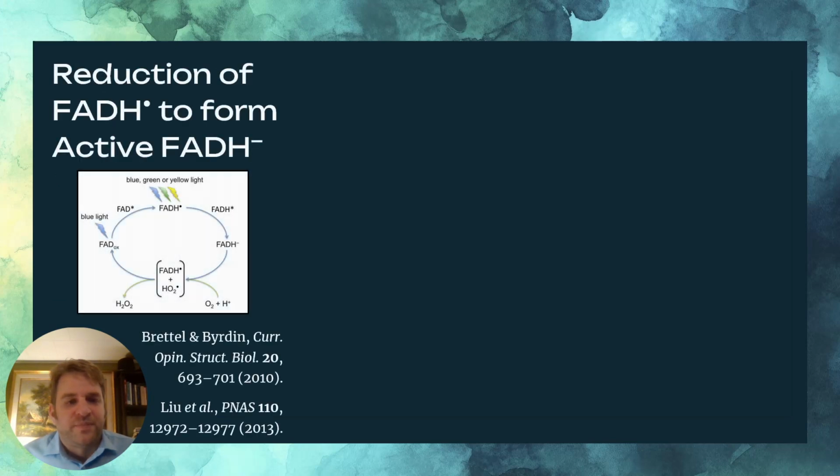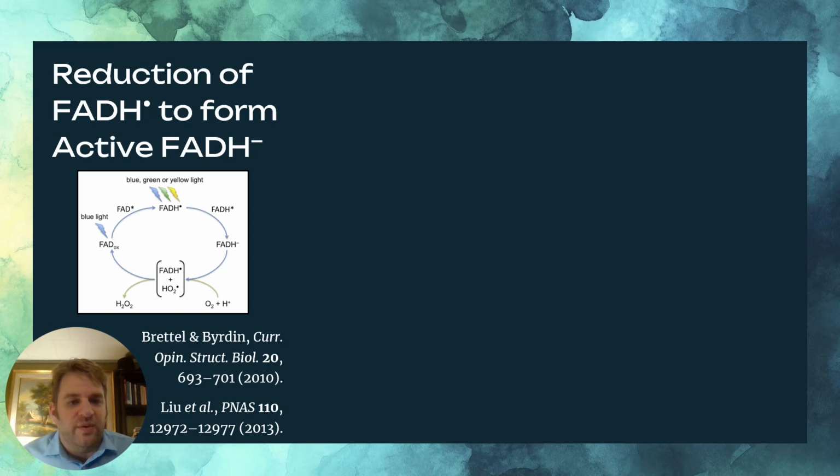So if we look at the diagram I've shown here, we have a typical example of the photocycle of a flavin. That's a flavin adenine dinucleotide. So blue light comes in and the oxidized flavin, FAD-OX, absorbs a blue light photon. It enters an excited state, and if an electron is transferred to it, in fact a proton as well, it forms a FADH radical.